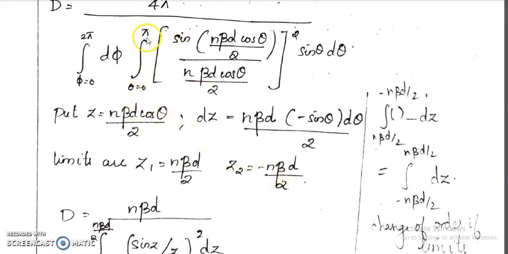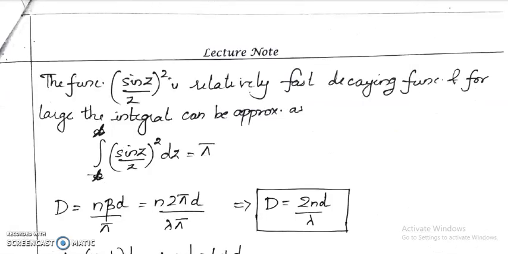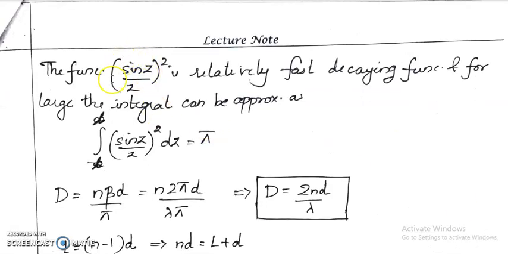Here we interchange the upper limit and lower limit; for an integration, when we interchange the limits, a negative sign is multiplied. Then finally there is the function (sin z by z) the whole square, which is a relatively fast decaying function, and we can approximate the integral from minus L to L of (sin z by z) the whole square dz as equal to pi.